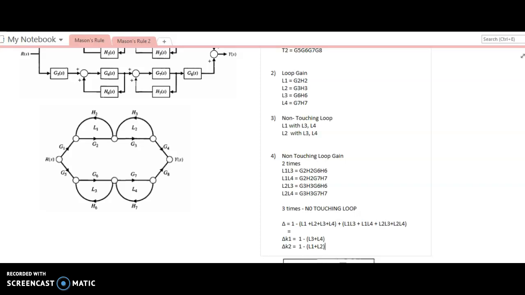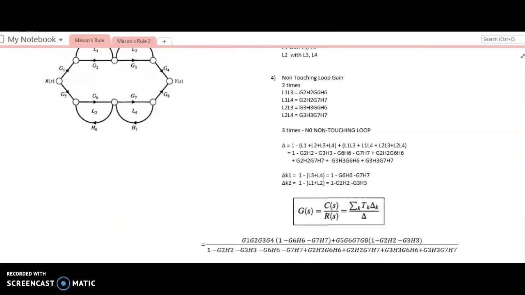Sorry, L2. We already got the non-touching loop gains taken two at a time: L1L3, L1L4, L2L3, L2L4, and you just write down what L1L3 is. For three at a time, there are no non-touching loops, because L1, L2 and the rest all touch. After we get all the non-touching loops, we substitute them into the determinant.